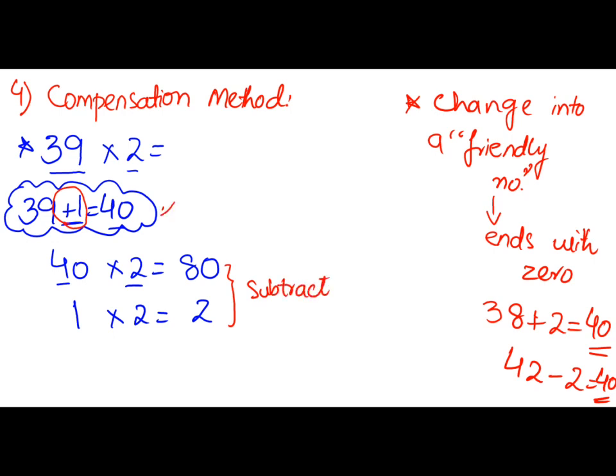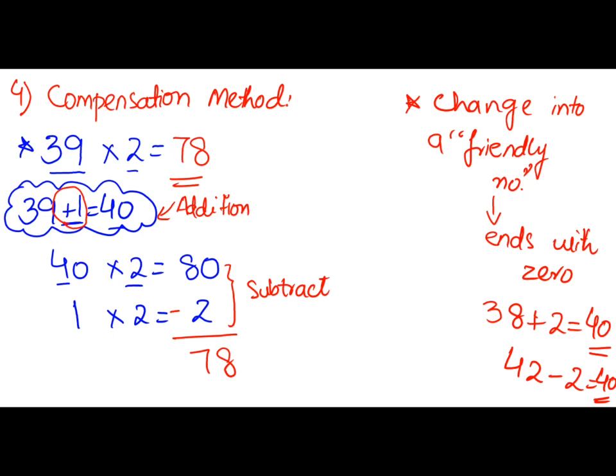We have done the addition here, so now I'm going to subtract at the end to get my answer. So 80 minus 2 is 78. Our answer is 78. This is called the compensation method.